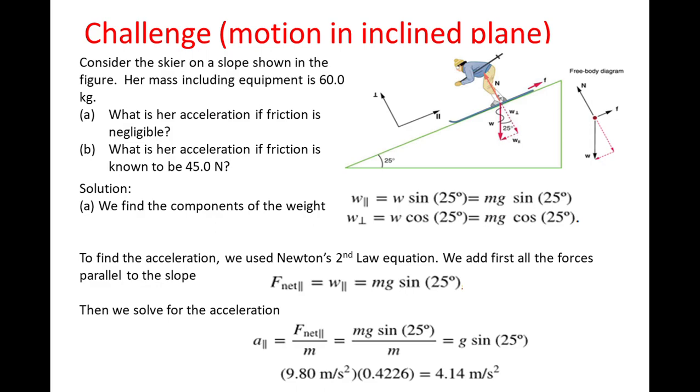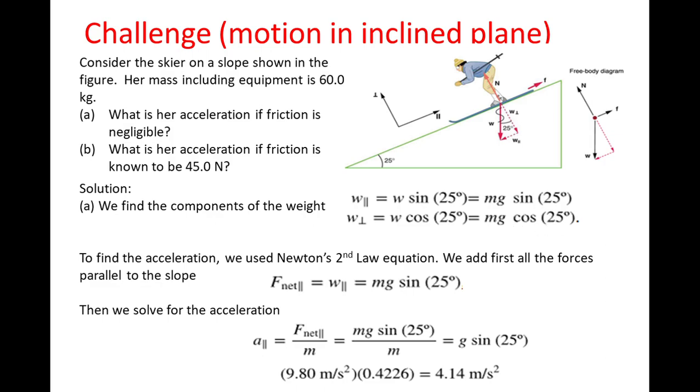On the other hand, the component of the weight that is perpendicular to the plane is just the magnitude of the weight, mass times the acceleration due to gravity, times cosine 25 degrees.